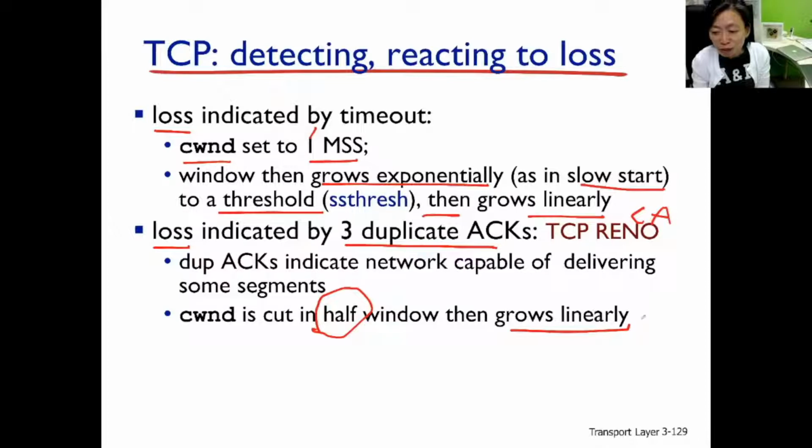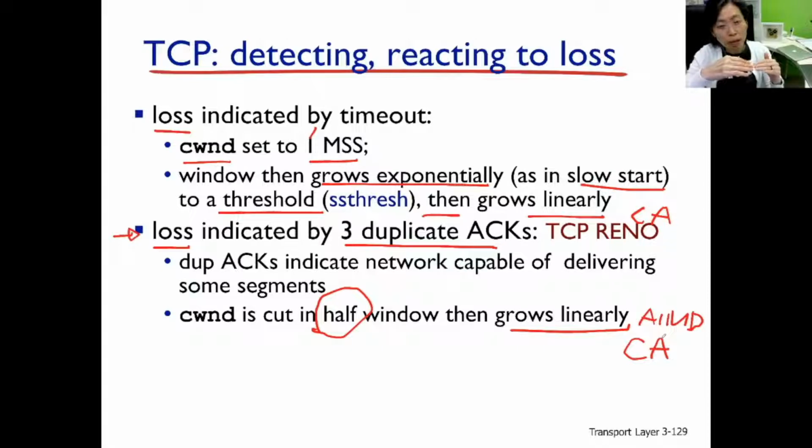So this is very much like what? AIMD. Yeah, you're actually right. When the loss is detected this way, the TCP sender drops the sending rate to half and then continues with AIMD, therefore going into the CA state, the congestion avoidance state.